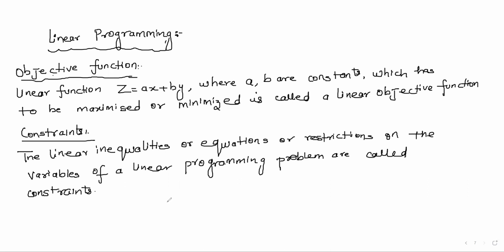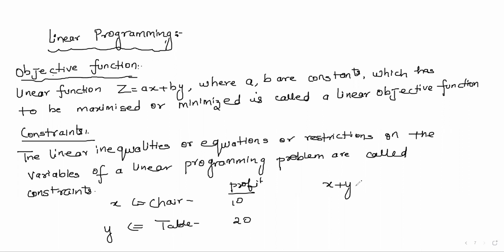For example, in the previous case we have taken the profit on a chair as 10 and on a table as 20. We were selling x quantity of chairs and y tables. If I say that you can't sell more than 40 tables and chairs collectively, you will write x plus y less than or equal to 40.